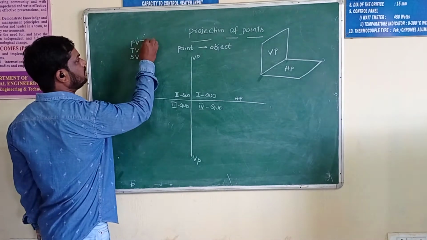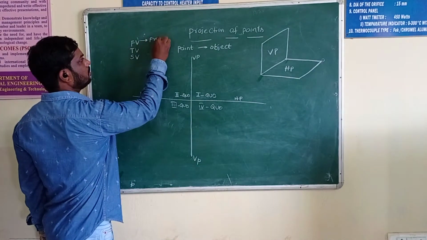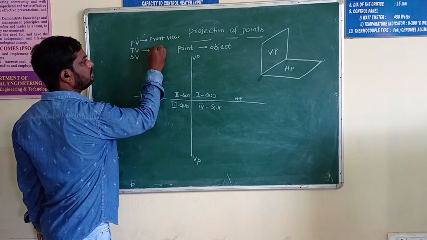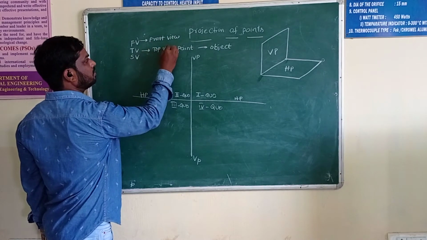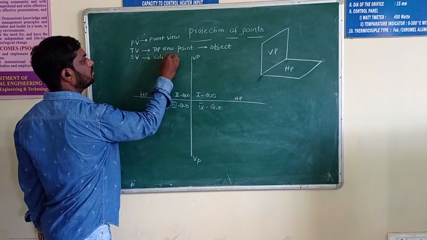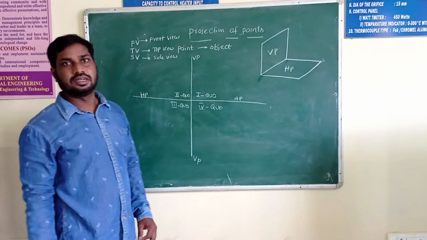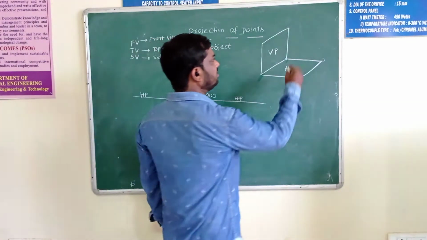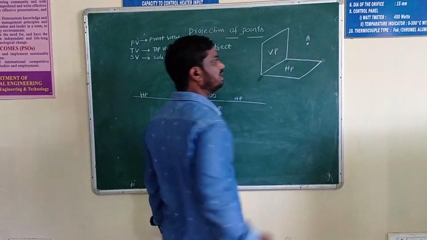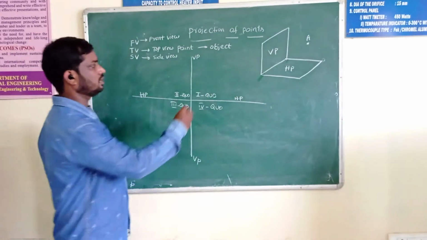So FV means front view, TV means top view and SV means side view. Suppose I am placing one object, the point A, in the first quadrant here.